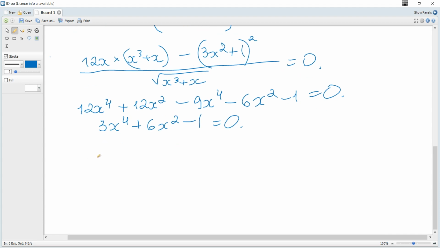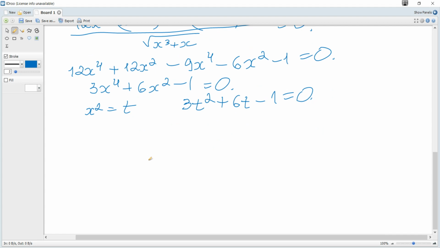To solve it, we can denote x squared to be t, and it becomes 3t squared plus 6t minus 1 is equal to 0, and using the discriminant, b squared is 36 minus 4ac. So it's 48.